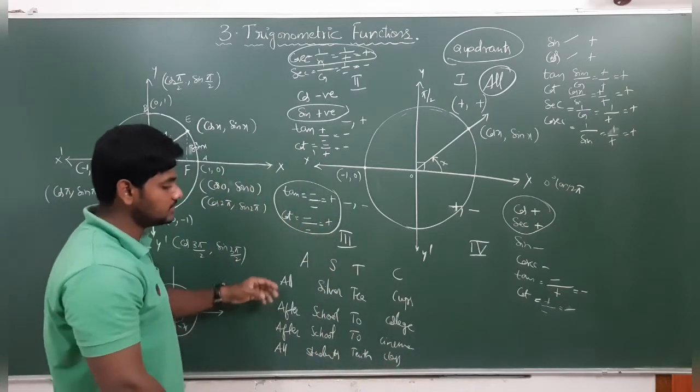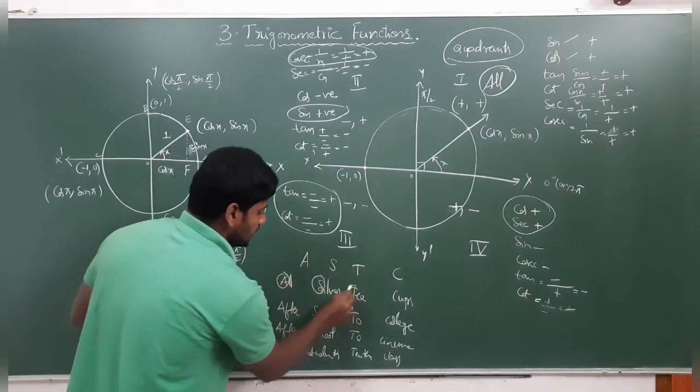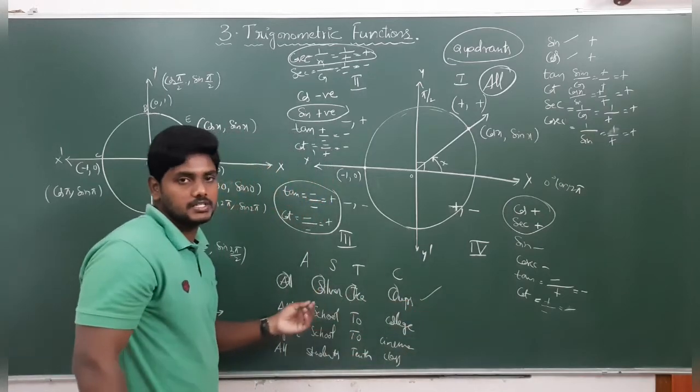So like that, in an easy way you can remember this. Nothing but the first letters you need to remember: A, S, T, C. So I will follow this one, all silver teacups, easy to remember.